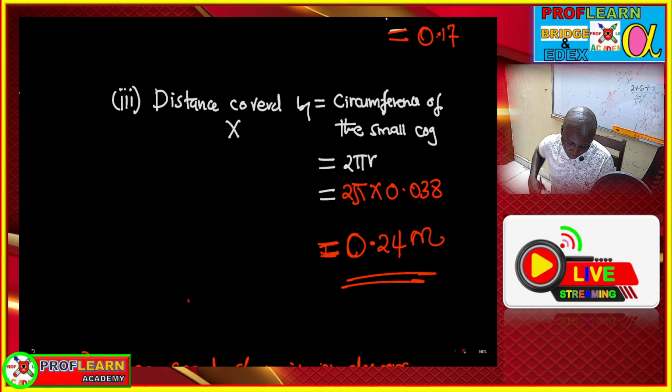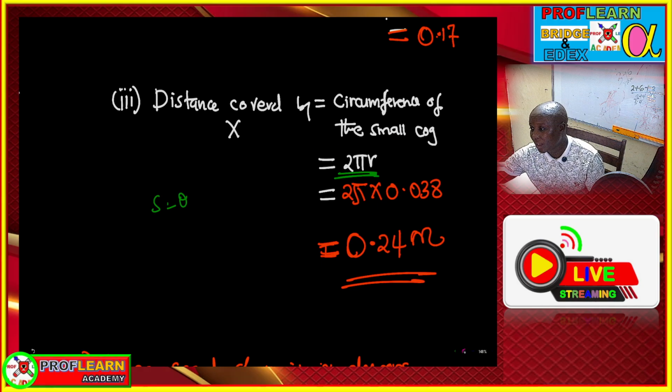In Roman 3, we were asked to show the distance moved by point x on the chain during a full revolution of the small cog. So the distance moved by x is equal to the circumference of the small cog, which can be given by 2πr, since we know s is equal to rθ, or θr, the distance covered when angles are given in radians.